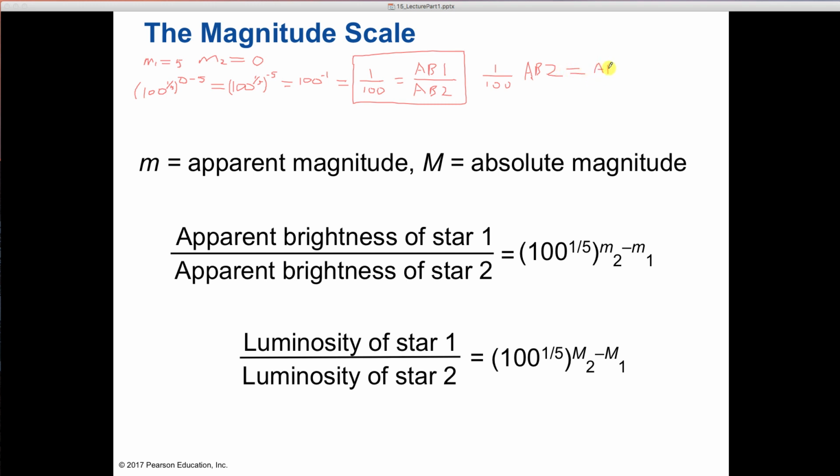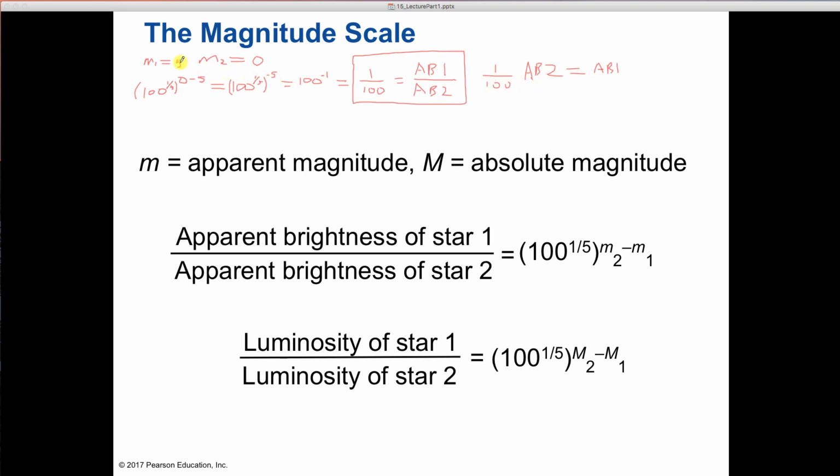And so what this says is that the apparent brightness of star number 1 is 1/100th the apparent brightness of star number 2. Star number 1 appears 100 times dimmer than star number 2.